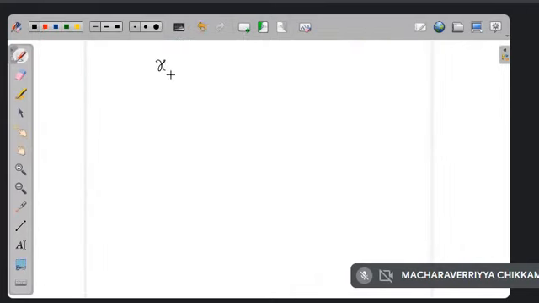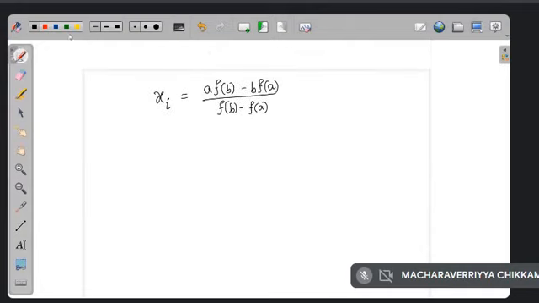For whatever interval you take, a comma b, x is a into f of b minus b into f of a, divided by f of b minus f of a. This is the formula you need to use for the regula falsi method, you can say false position method.